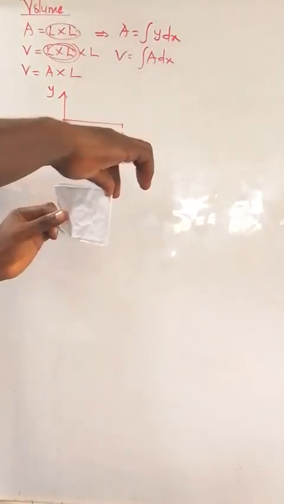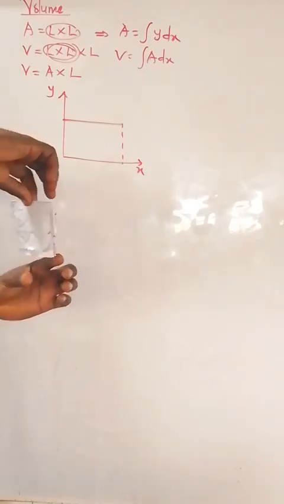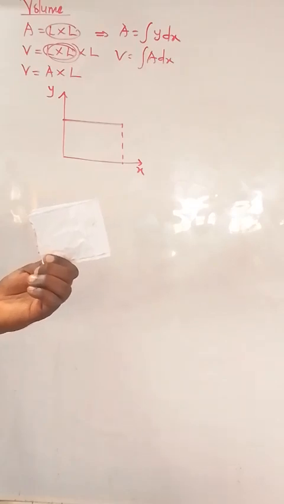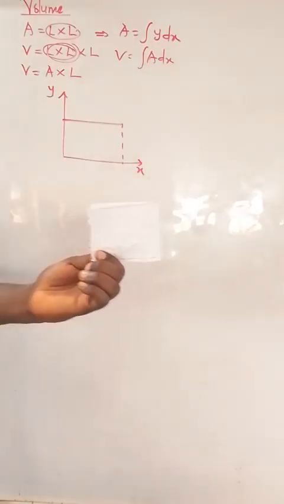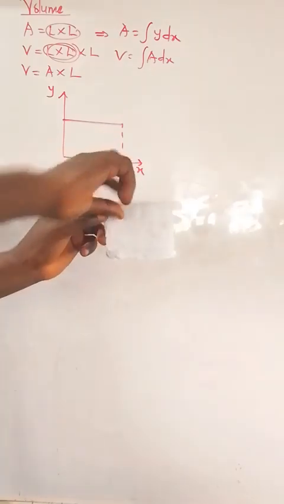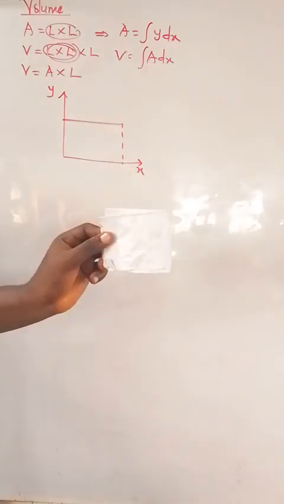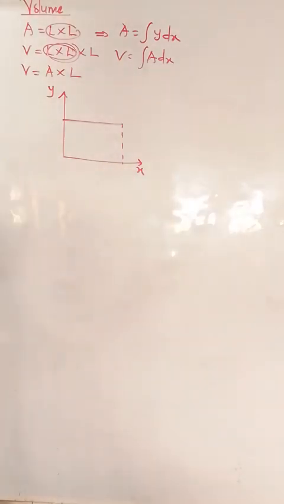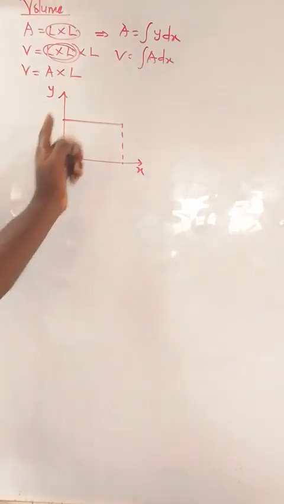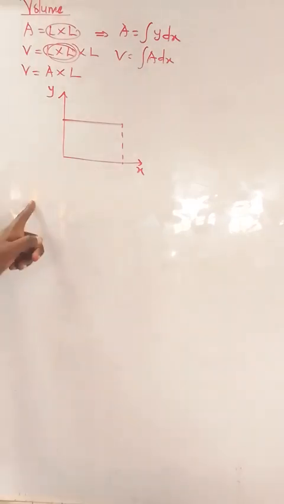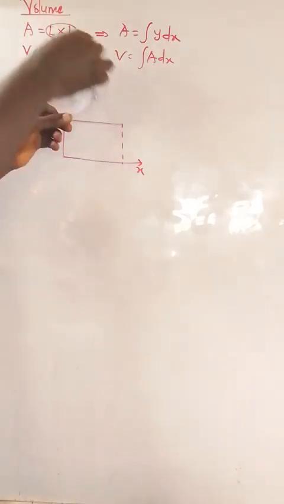If I bring this in and I rotate it, what are you going to get? You get a cylinder. Check again. This region is fixed, it's not moving. Then this moves this way, then back to where it is. The shape we are going to form is a cylinder. And in that case, we are integrating the area over a change in value of x where y is fixed. Okay, what if we rotate this along the y-axis instead?